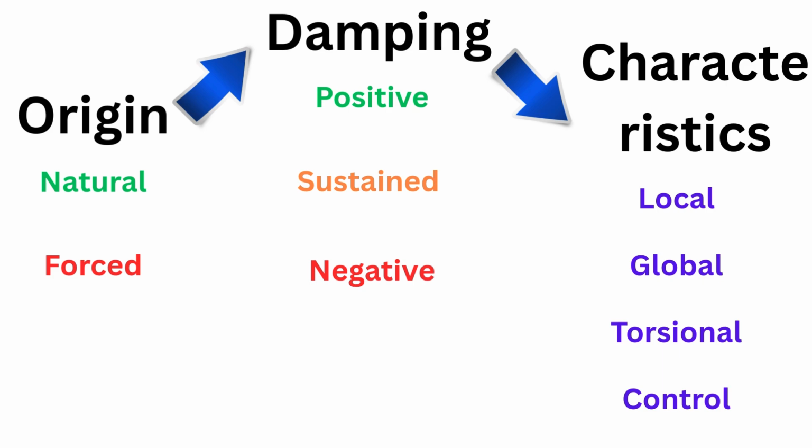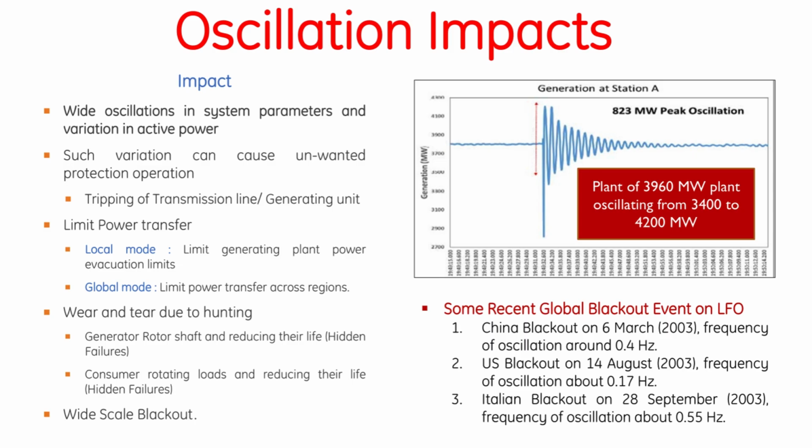So you might have, say, a forced oscillation from a malfunctioning controller that happens to excite a naturally occurring inter-area mode. And because the system conditions are just wrong, that mode becomes negatively damped. Exactly. That's the kind of chain of events these classifications help you diagnose and hopefully interrupt. Fantastic. So with that synthesis, hopefully you, the listener, now have the fundamental language you need to really assess the stability risks that come with these low-frequency oscillations.